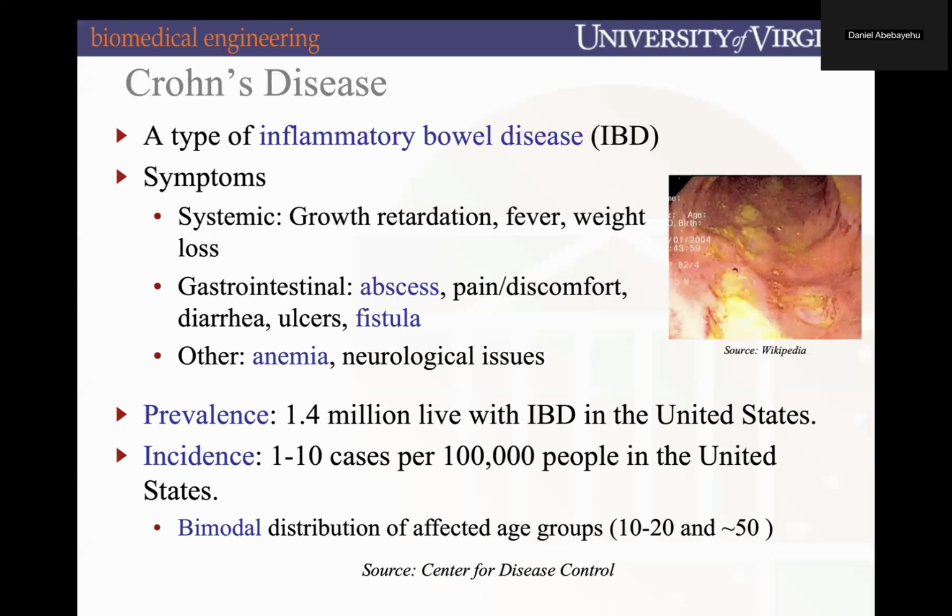And there appears to be a bimodal distribution among patients. Bimodal meaning if you were to create a graph of numbers of patients across age, there seems to be two peaks, one within the teen years and one around 50. Again, there's not really a clear reason why. And so there's still a lot of work to be done to understand what's contributing to the age-associated presentation of Crohn's disease.